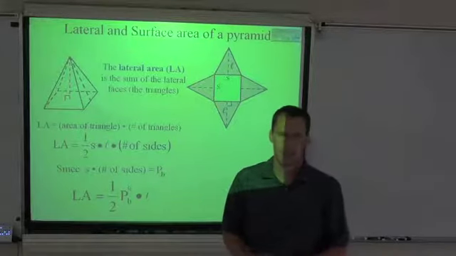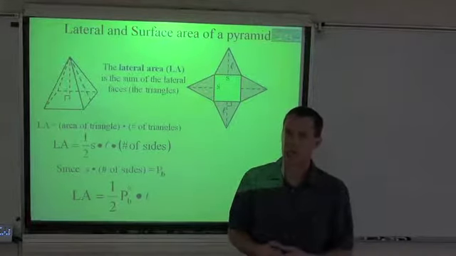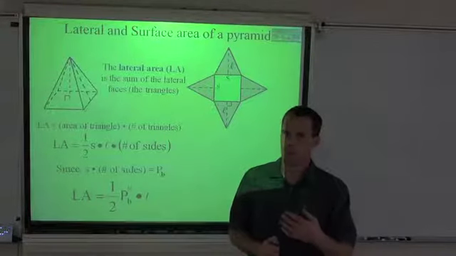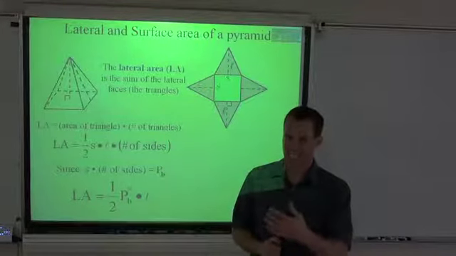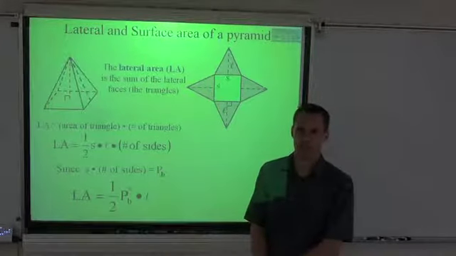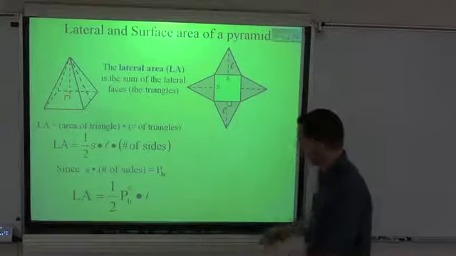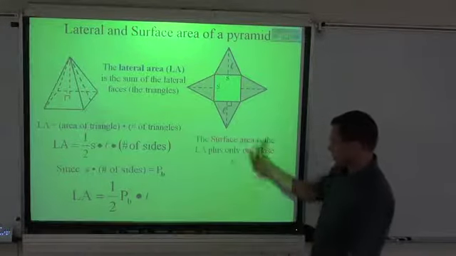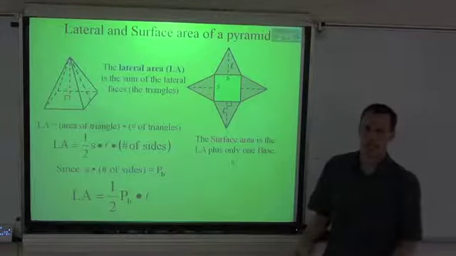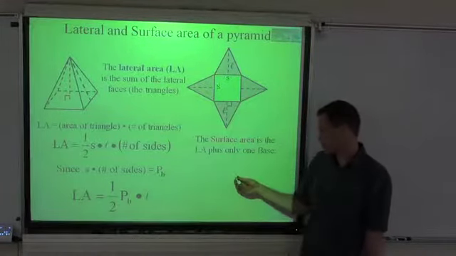This is important. For prisms it was perimeter of base times height. Now we're looking at 1/2 perimeter of base times slant height. This is our lateral area formula that we need to have written down and work to memorize. After that, when we say surface area, we only have one thing left to add: one base, not two bases.